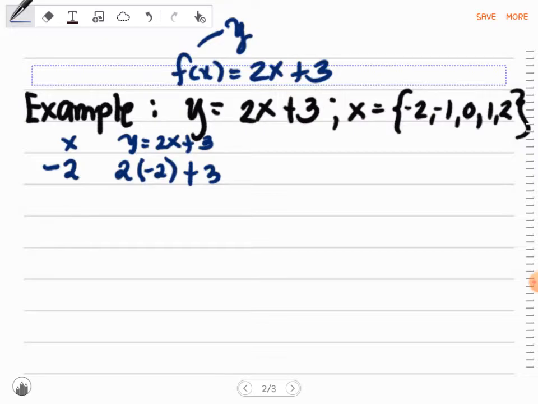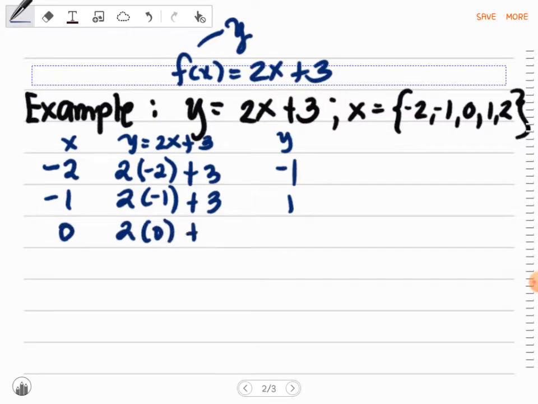So we have negative 4 plus 3 is negative 1. So the value of y is negative 1. For negative 1, let's have 2 times negative 1 plus 3. So we have 2 times negative 1 is negative 2 plus 3 is positive 1. For 0, we have 2 times 0 plus 3, and that is obviously 3.